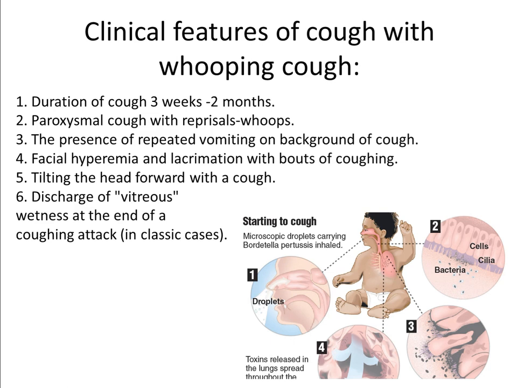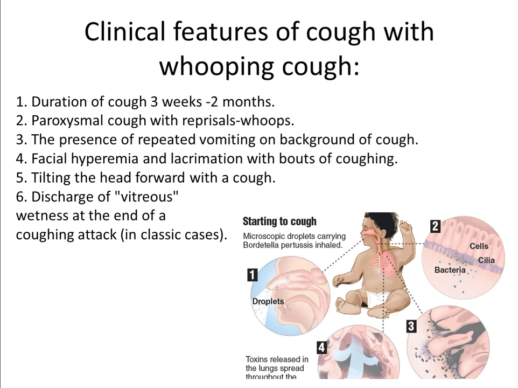The cough during whooping cough has prolonged duration, from 3 weeks to 2 months. The cough is paroxysmal with reprises or with whoops at the end of paroxysm of the cough. It's a deep inhalation which is caused by hypoxia developing during paroxysms of cough.